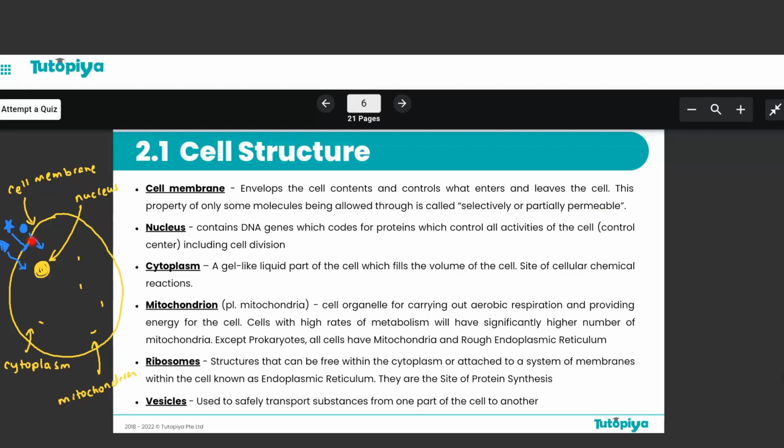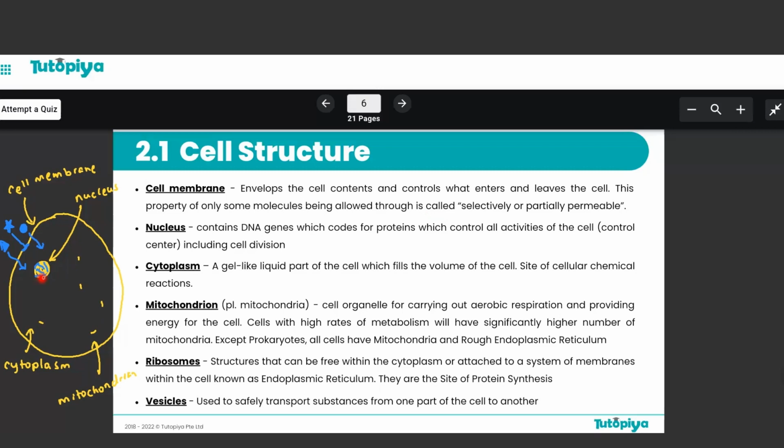All right. Now moving on to the next, the most prominent structure in this animal cell, which is the nucleus. Now the nucleus is actually one of the most important parts of the cell, because the nucleus is what holds all of our DNA. So all of our DNA is found within the nucleus, and we know that our DNA codes for proteins.